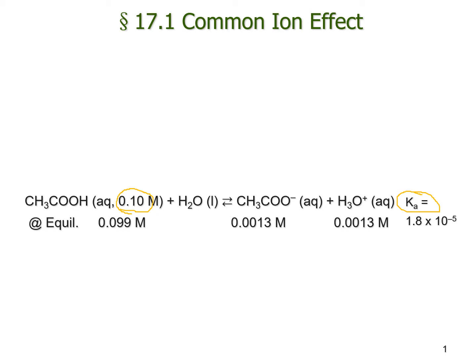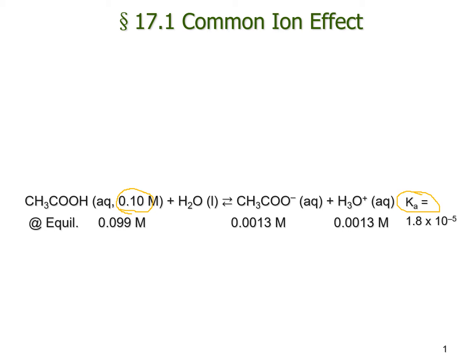Only a very small amount, probably around 0.5%, dissociated in this weak acid solution. So we only wound up with 0.0013 molar of the cations and anions. More than 99% of this acetic acid still remains intact as molecules.